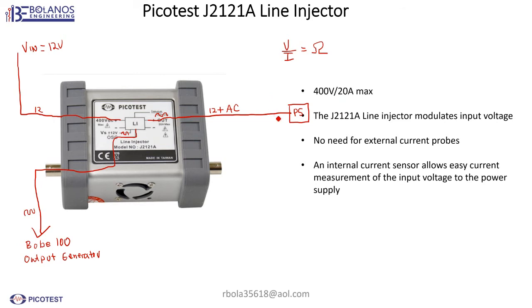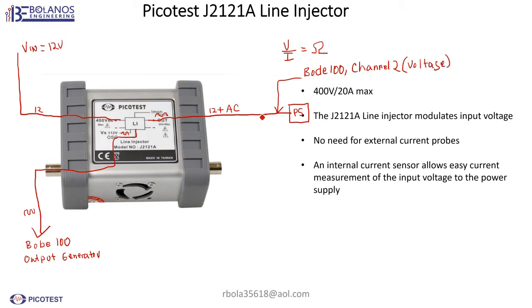Okay, so at this point, at the input of your power supply, you're going to connect to your Bode 100, channel 2. Okay, and that's going to measure voltage.